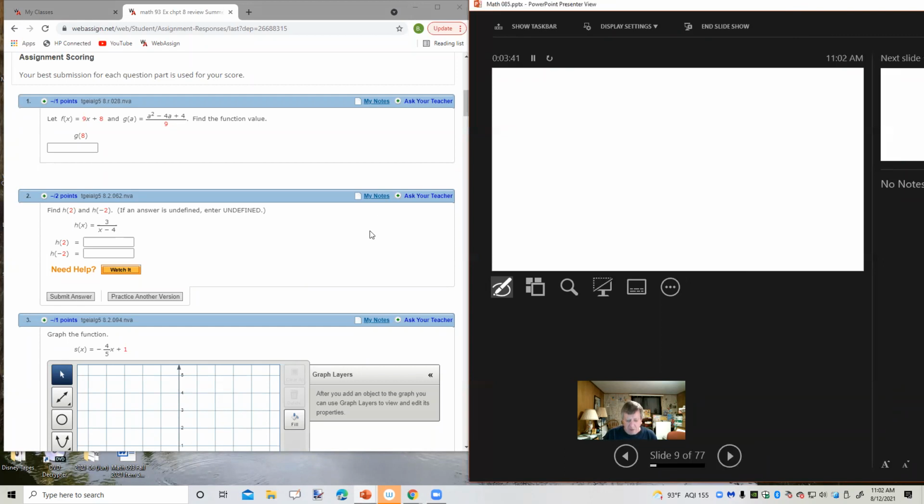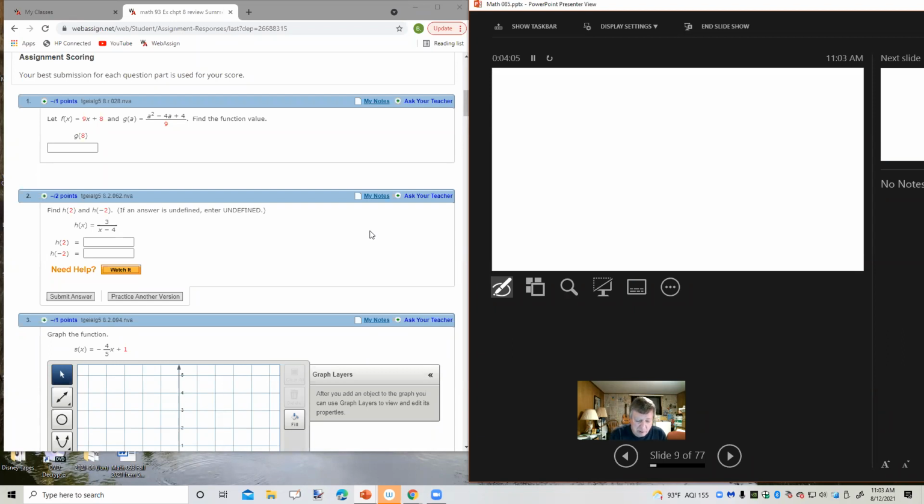All right, so problem number 1 says, let f of x equal 9x plus 8 and g of a equal a squared minus 4a plus 4, all over 9. It asks you to find g of 8. So f of x equals 9x plus 8 may be true, but it's not what we're going to use in this problem.